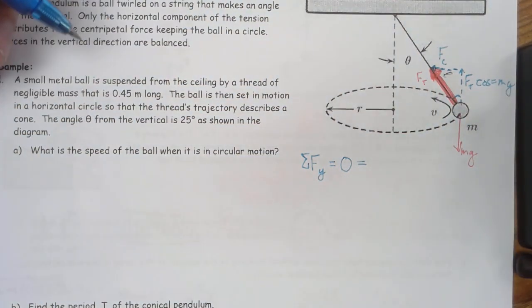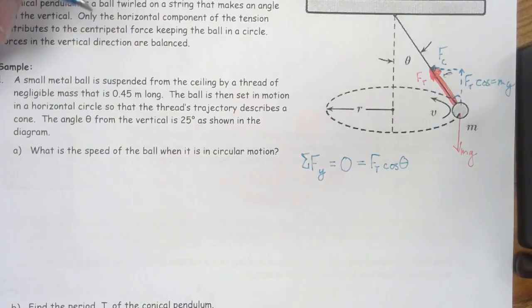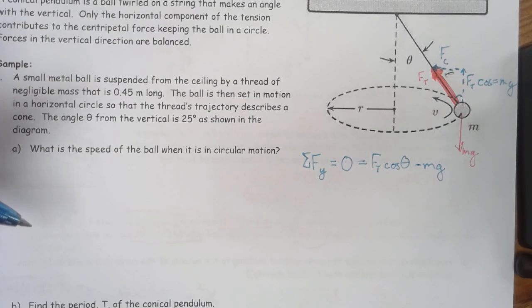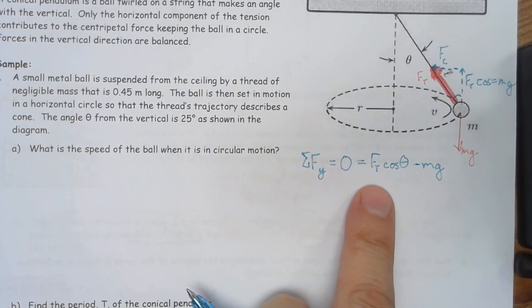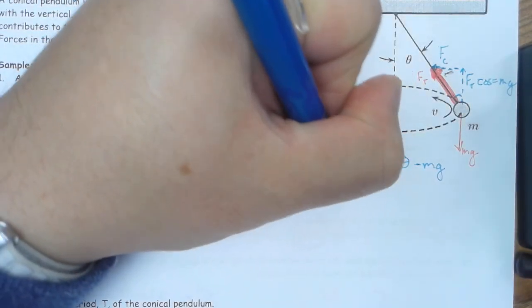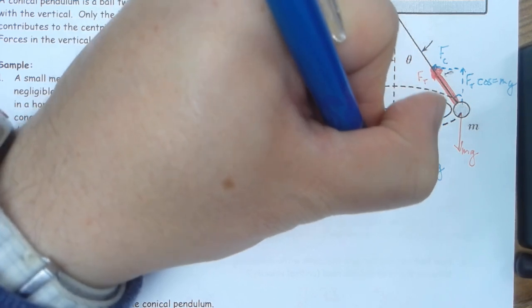In our diagram, we have the up arrow, Ft cosine theta, minus mg. If that equals 0 and we solve for tension, we have Ft equals mg over cosine theta.